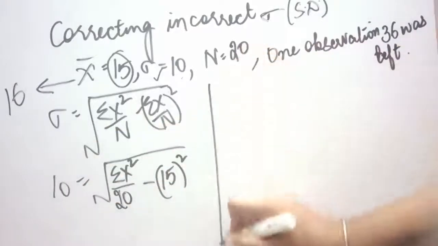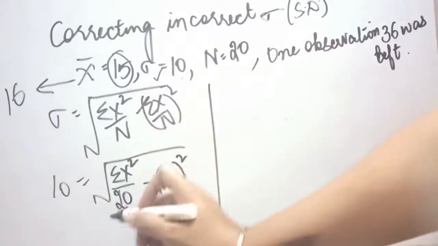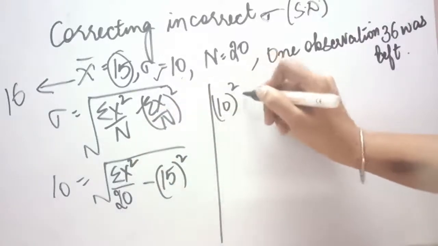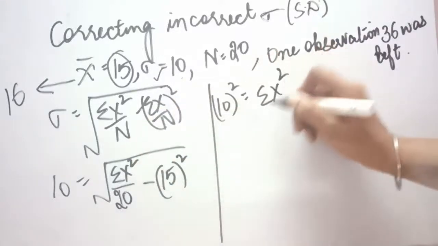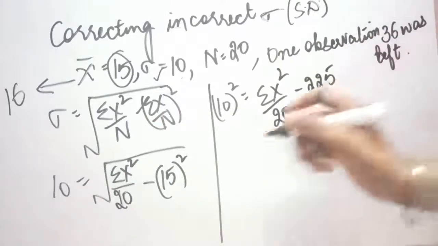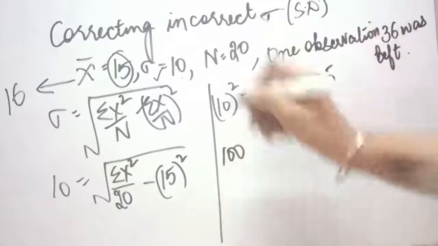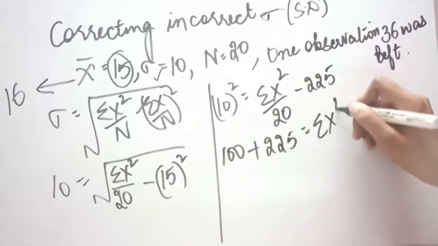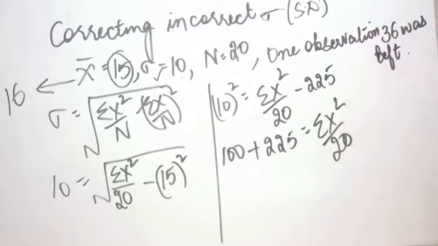Now let us calculate sigma x square from this equation. What we will do is square both sides, because we want this root to go away. When we square the left hand side, it will be 10 square, and on the right hand side it will be like this. So 100, this will go to that side, plus 225 is equal to sigma x square by 20.